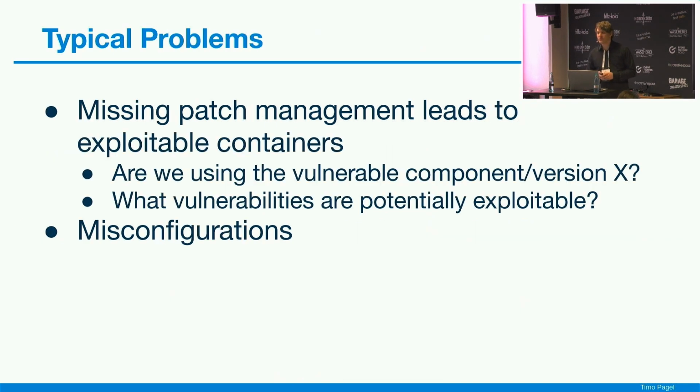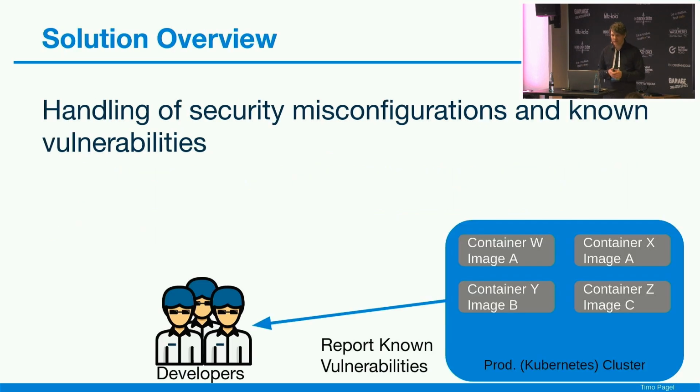Typical problems are missing patch management, that leads, as we saw beforehand with the Jira example, to the option to exploit it, or you have misconfigurations. For example, we saw beforehand that there is an index of all files listed. That is something you want to disable, and those are things we can identify with these tools, the cluster image scanner.